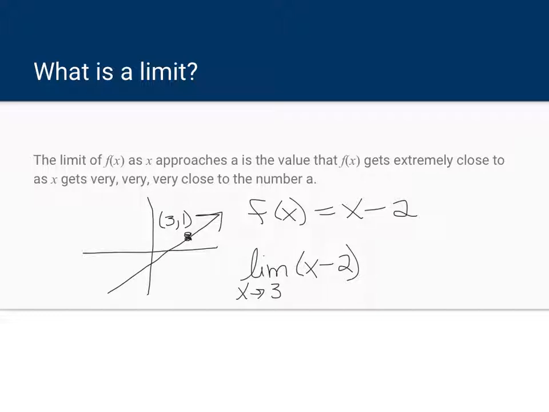And if we come along this curve and allow our x values to get closer and closer to 3, and we allow that from both sides, so we're sliding in from the left and sliding in from the right, we see that on both sides our y is getting really, really close to 1. So we say that the limit as x approaches 3 of x subtract 2 is equal to 1, because the closer x gets to 3, the closer f of x gets to 1.